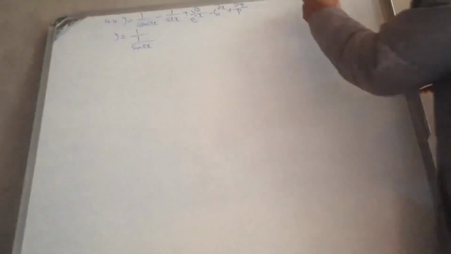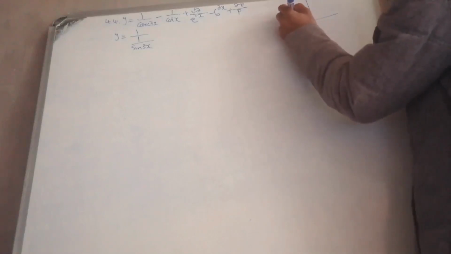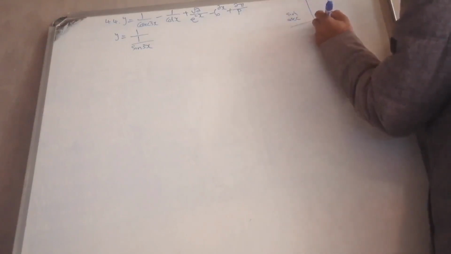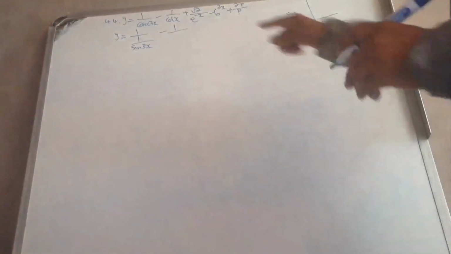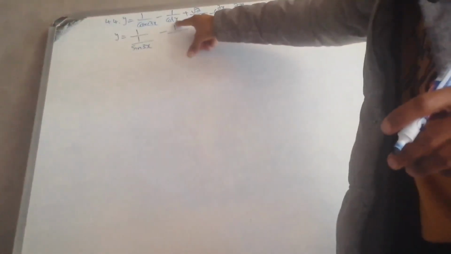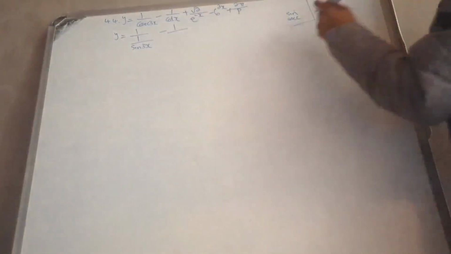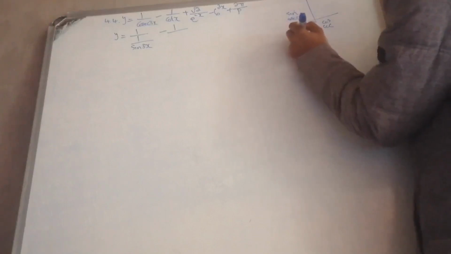Okay, because I know that in here I have sine and cosec, I have cos and sec. So I know that minus 1 over, I know that cot, in here I have tan and cot.